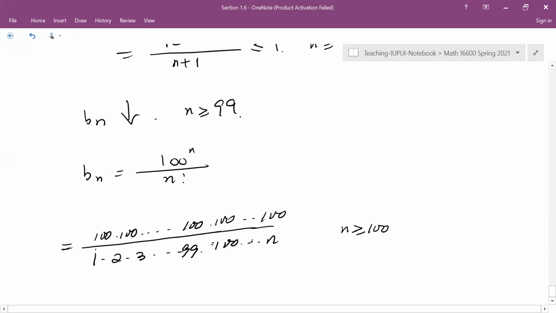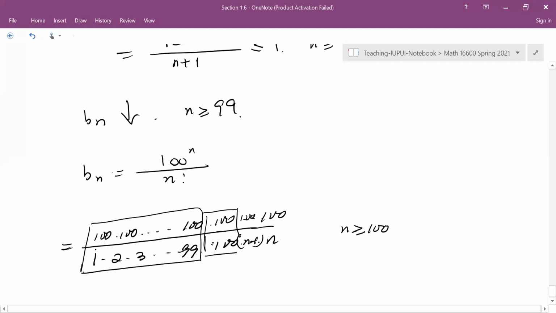What I need is just the last 2 terms. There's three parts here. One is this part, which cannot be changed, and then from 100 to n minus 1.